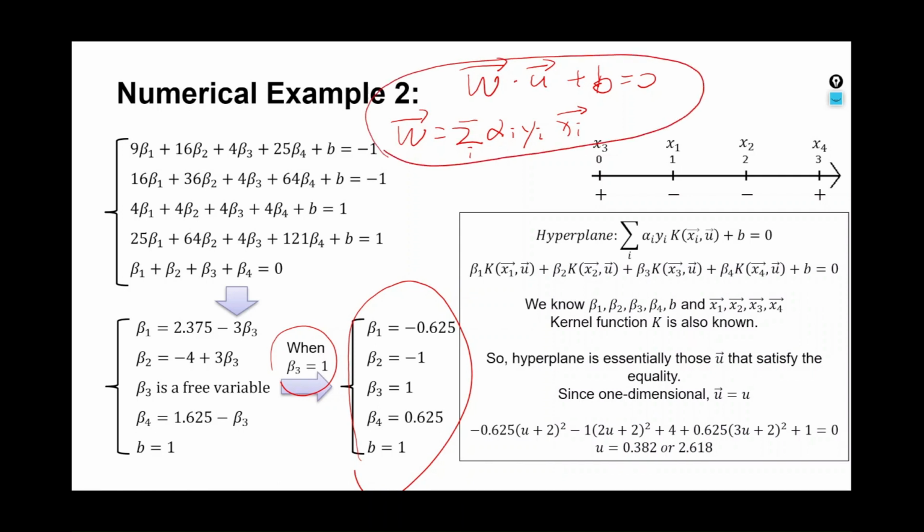To substitute this w into the original equation, it will be alpha i yi xi vector dot u plus b. Maybe you have already forgotten this one. Let's go back and take a look.